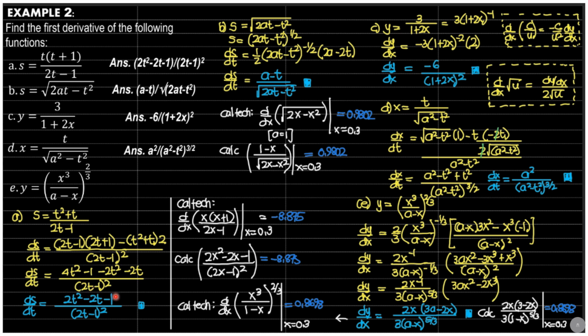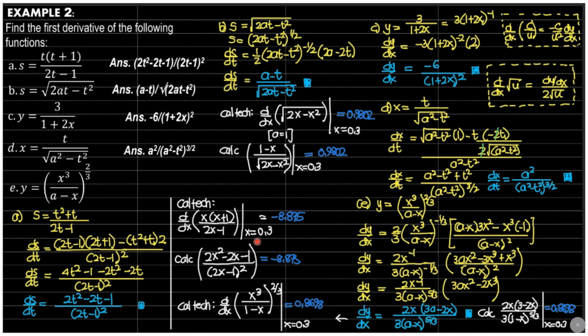Now, the technique using the calculator is you have the derivative key there. You simply type derivative of n quantity. Make sure that you correctly type the expression, the function. So we have x times quantity x plus 1, divided by 2x minus 1, and close.